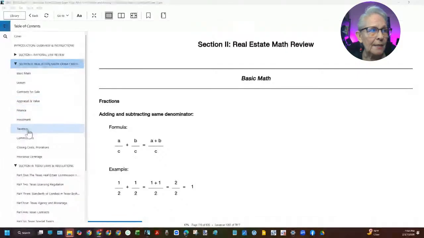Today we did taxation, commission, closing costs, prorations, and insurance coverage. And that insurance coverage, whenever there's a loan in place, is required by the lender to have the property insured prior to closing. The insurance has to be paid for a whole year in advance before closing.